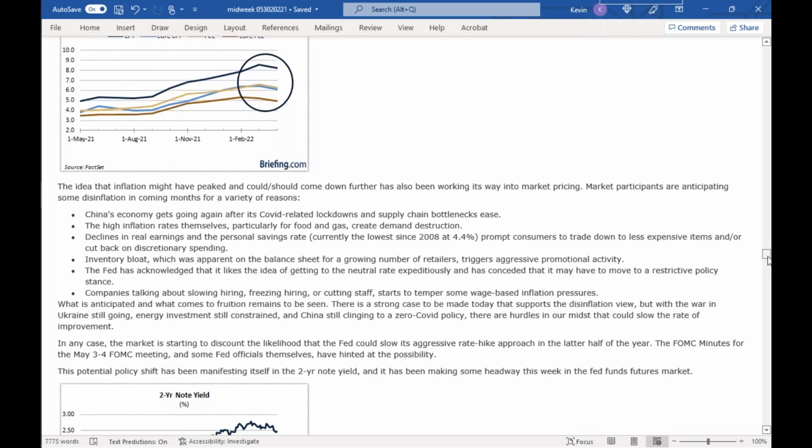Inventory bloat, which is interesting because I don't know. I think because of COVID and supply chain issues, who the hell has an inventory bloat, right? Let's face it, we're facing higher inflation and things are just getting more expensive.